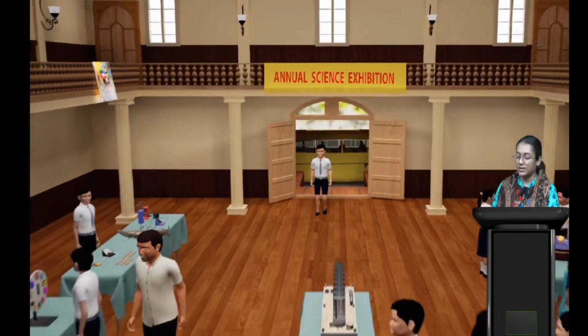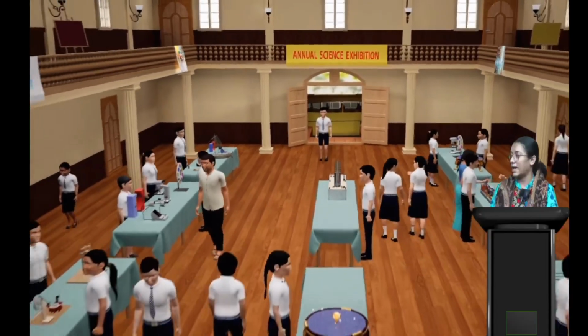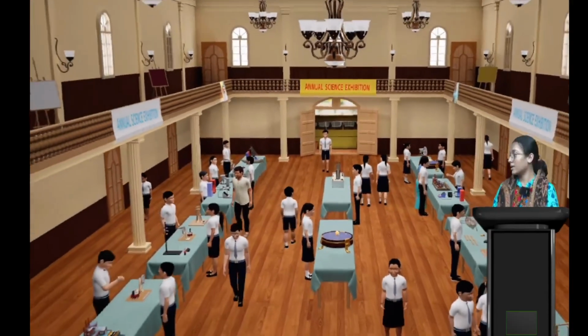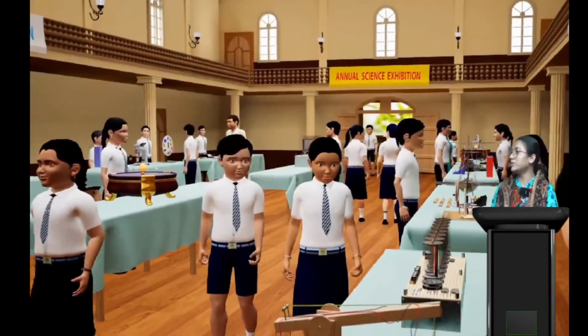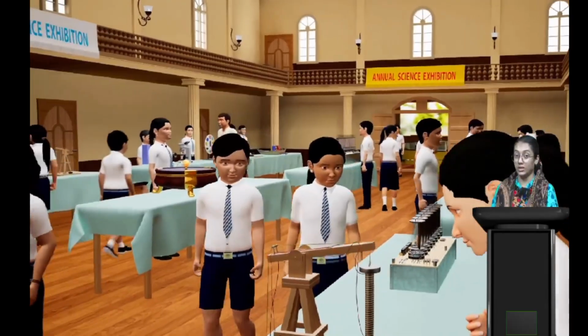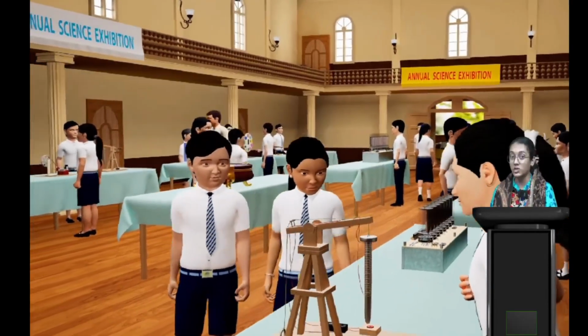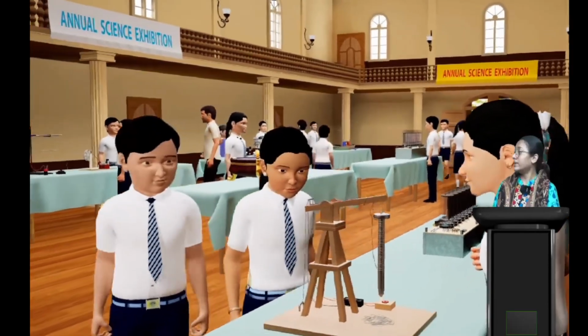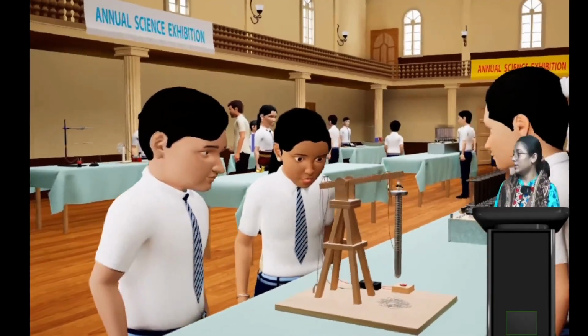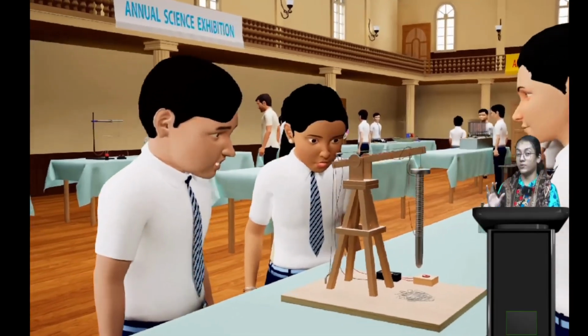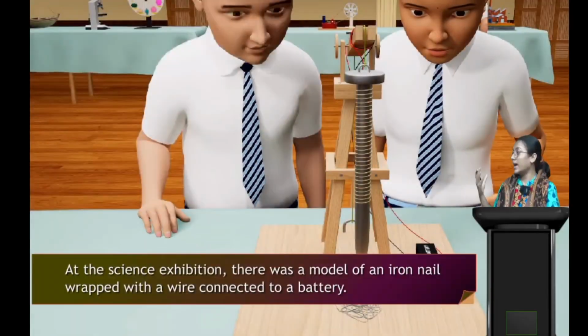After that, there is a science exhibition happening in his school, and there are so many booths where students are presenting science models. When they went near one model, they saw a beautiful model.